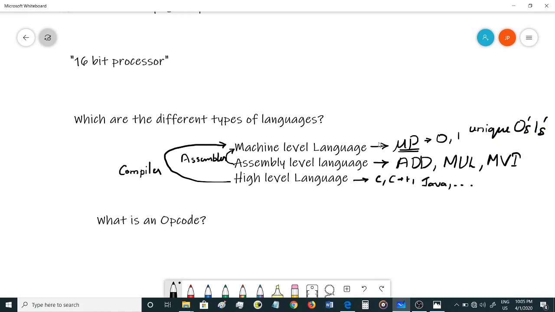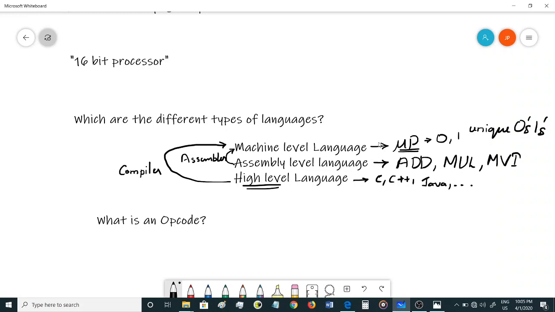This is the simplest language that we can understand, and that's why it's called the high level language. All the instructions are very similar to the English language itself. This has to be converted using a compiler to machine level language so that the processor can understand it.